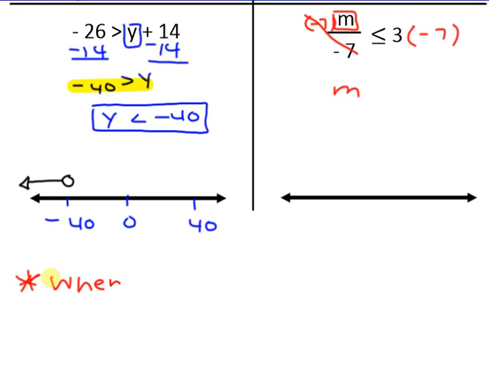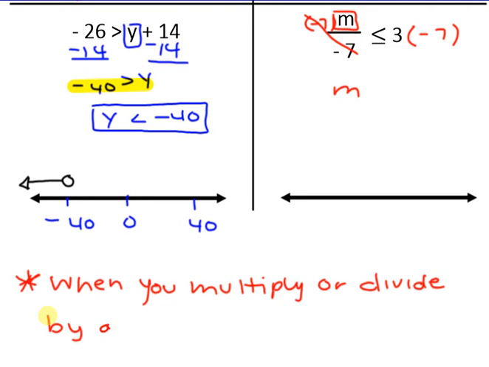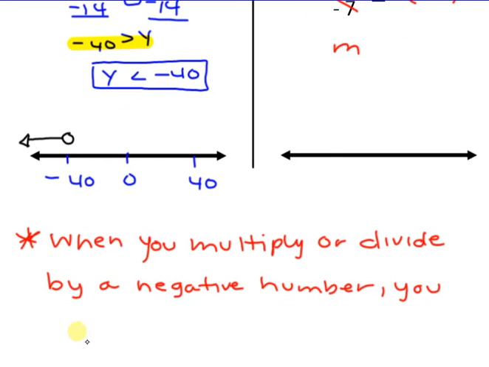When you multiply or divide by a negative number, you have to, put it in all caps, flip the sign.